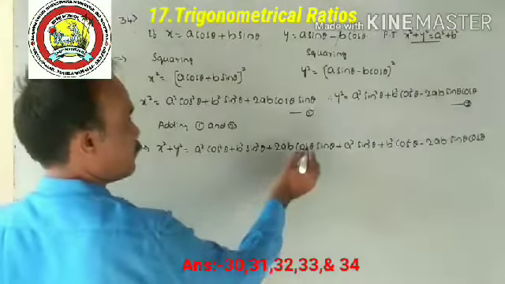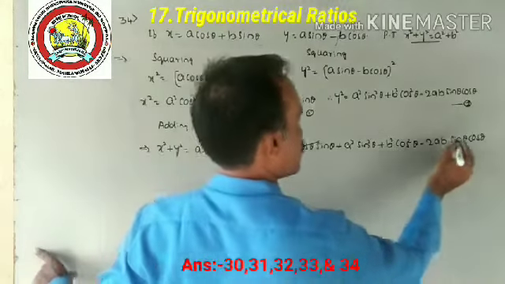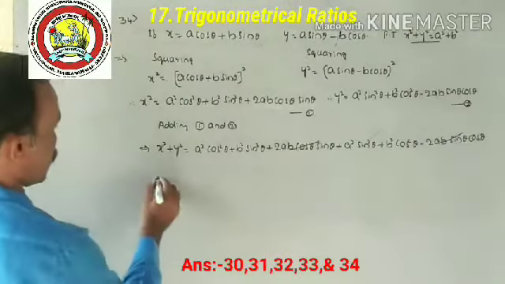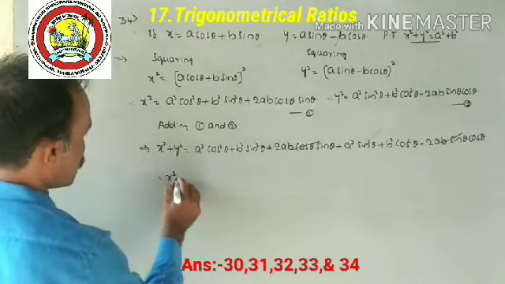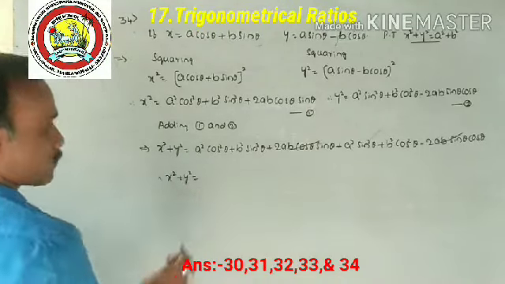Yes, any cancellation? 2ab cos theta sin theta minus 2ab cos theta sin theta gets cancelled. Therefore, x square plus y square.